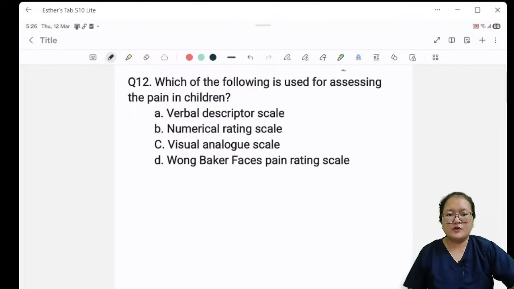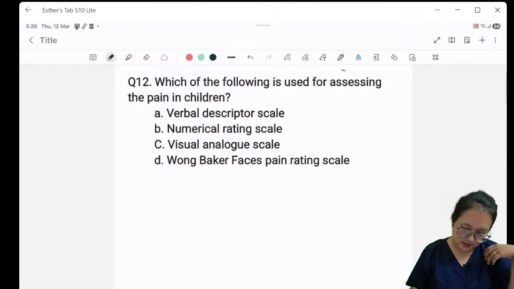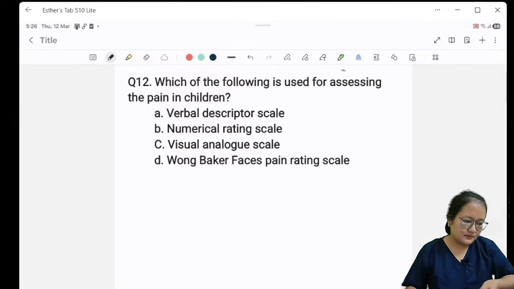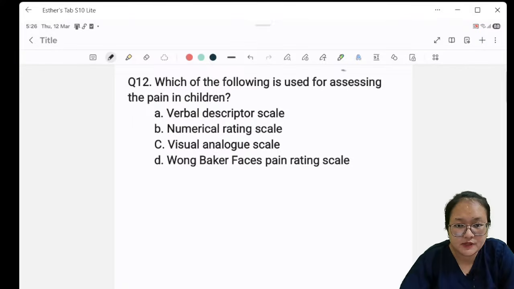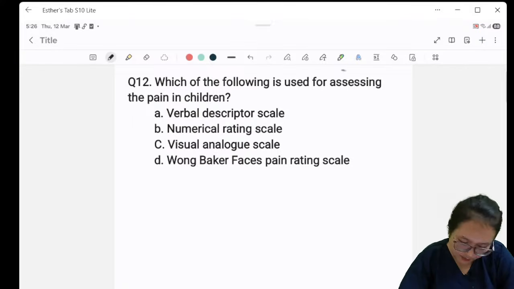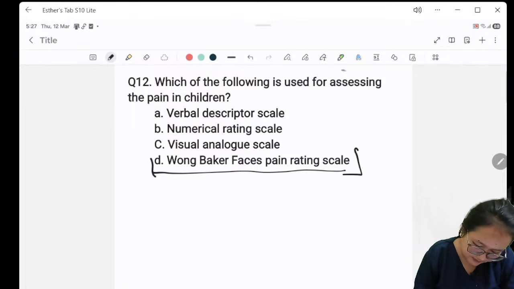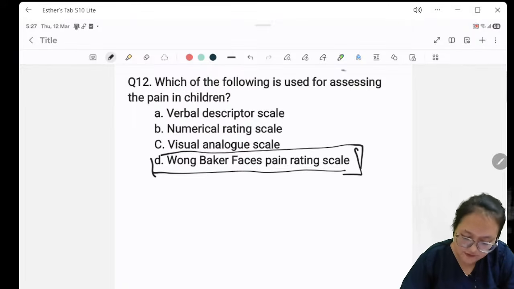So among these, which rating scale is used in children? The right answer is D. Wong-Baker face pain rating scale is mainly used in children.